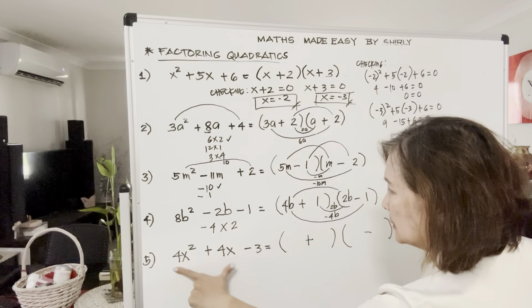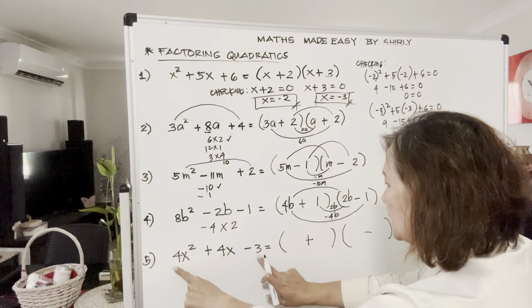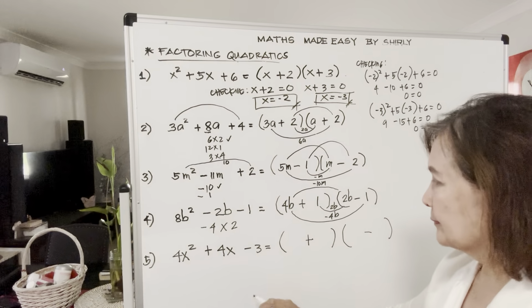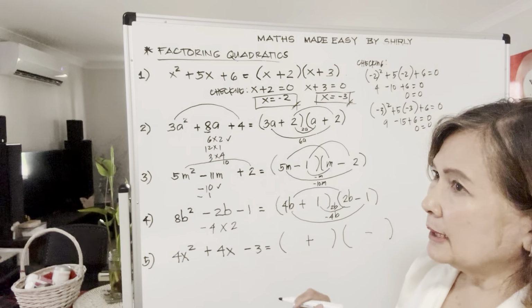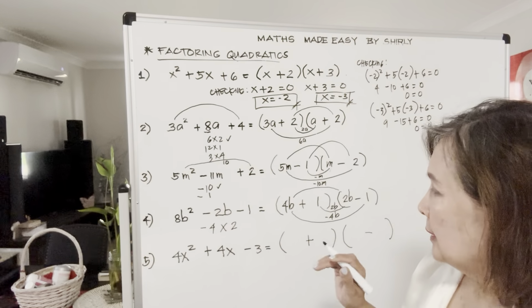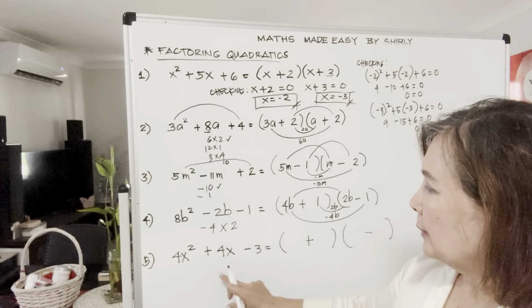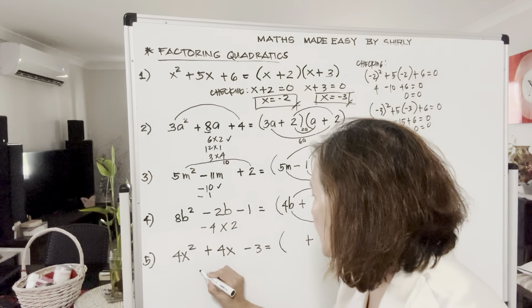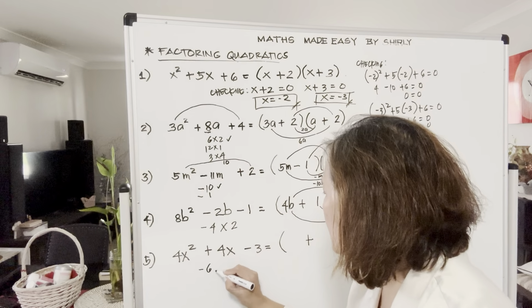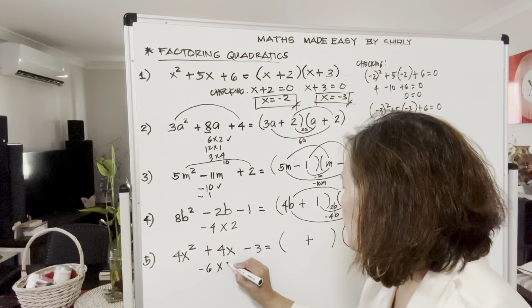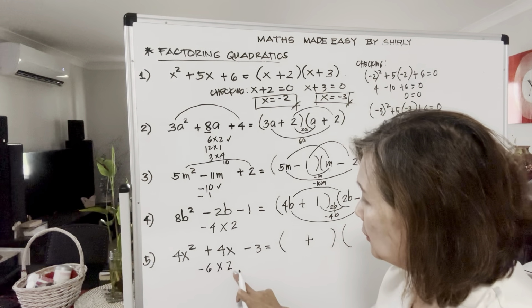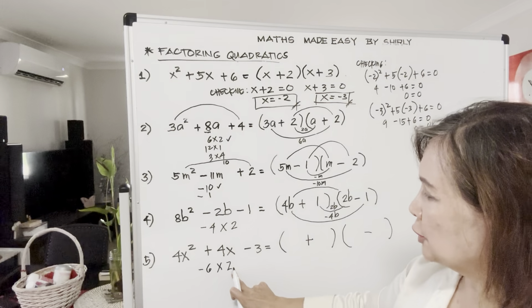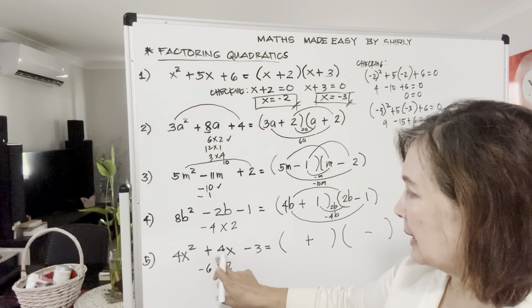4 times negative 3 is negative 12. How will you factor negative 12 that will give you a sum of positive 4? That is negative 6 and 2. When you add negative 6 and 2, that becomes positive 4.